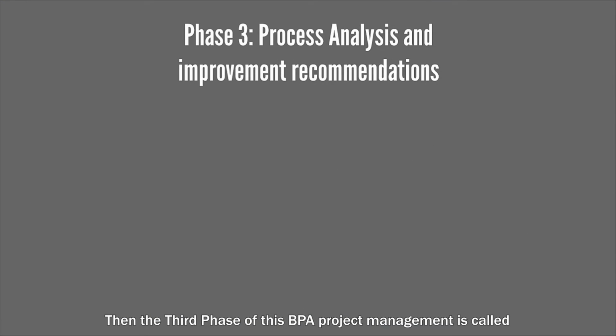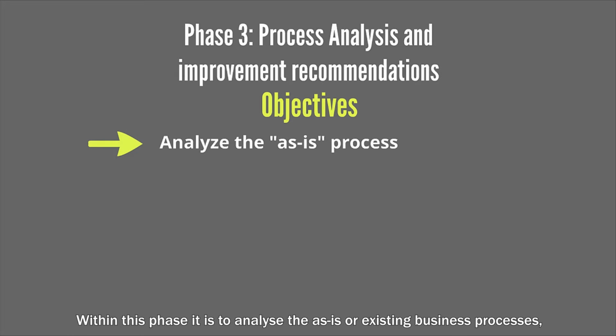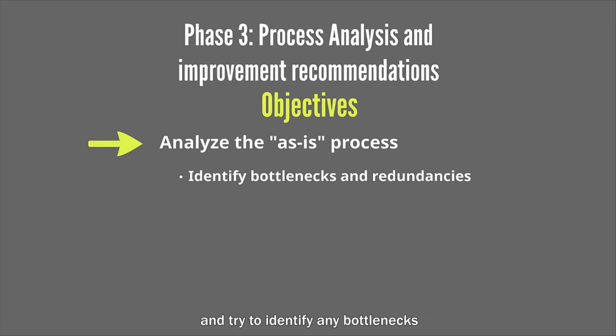Then, the third phase of this BPA project management is called process analysis and improvement recommendations. Within this phase, it is to analyze the as-is or existing business processes that we capture from phase number 2 and try to identify any bottlenecks or any redundancies in procedural and documentary requirements.